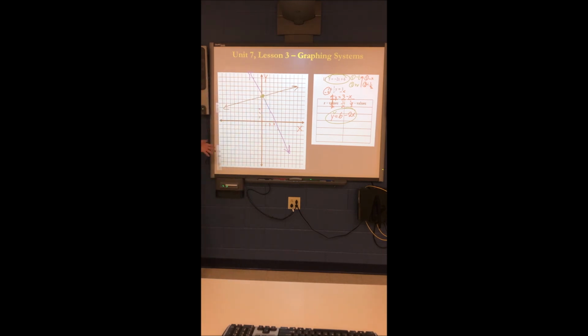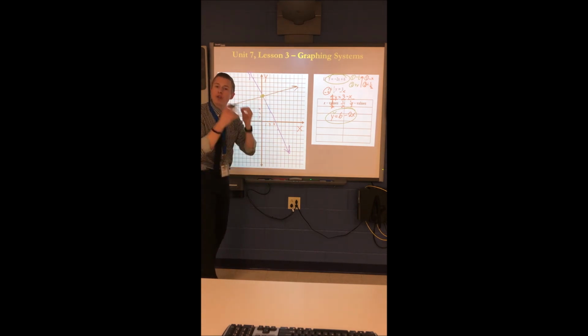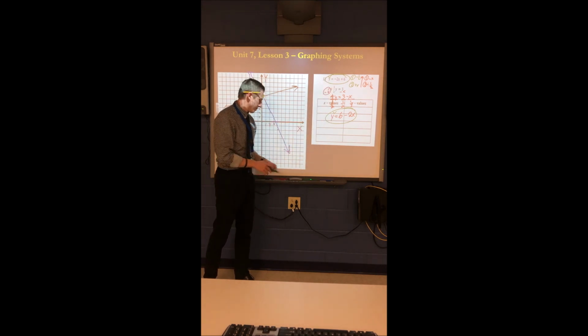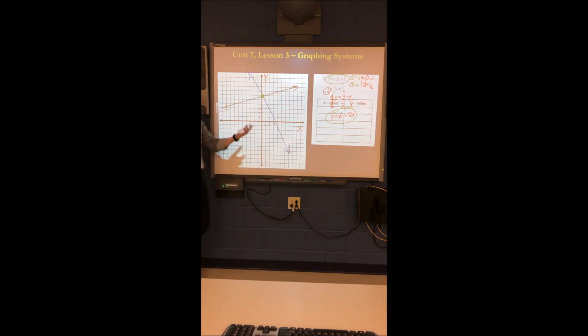Don't worry about that yet. I want you to graph all of them first. Use rulers, be very precise, graph them all, then figure out where they intersect. They might not intersect, that's okay. They might be the same line, that's fine too. There really isn't much more I need to say about this lesson. Okay? Get to it.